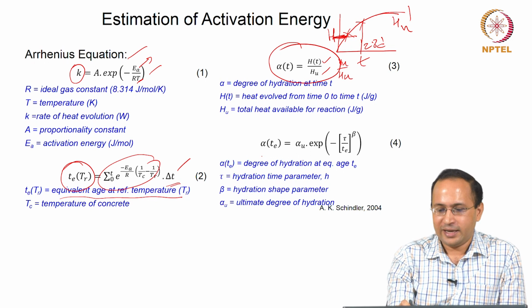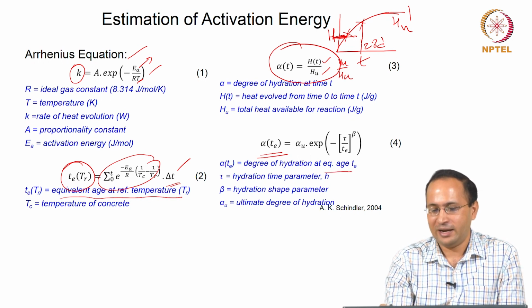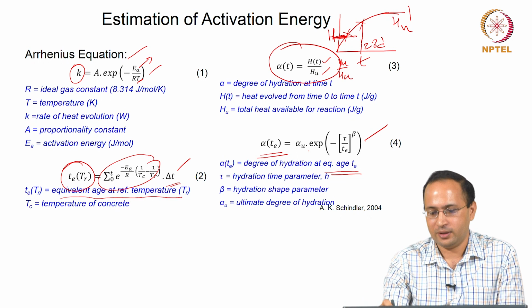Now, again this degree of hydration can be related. So, this alpha, you see the degree of hydration at equivalent age, similar to the concept here, can be related to alpha u, the ultimate degree of hydration, times an exponential function, e to the power minus tau over T, right.